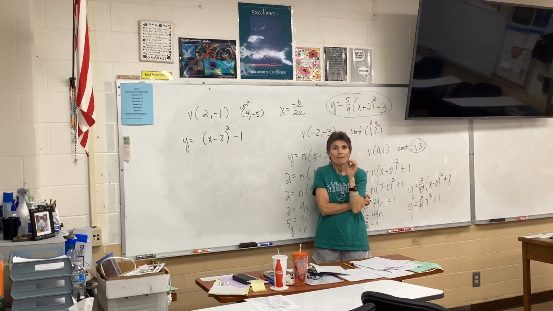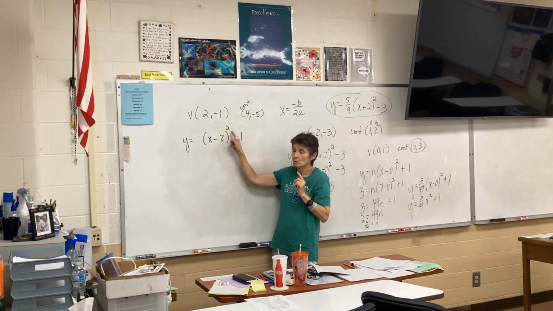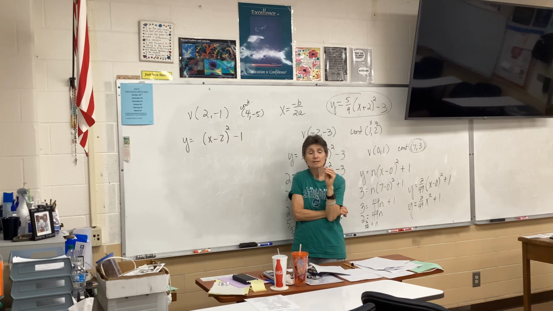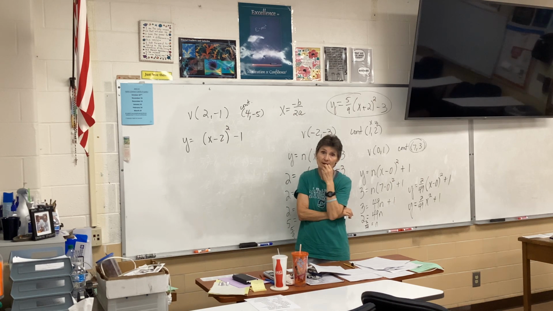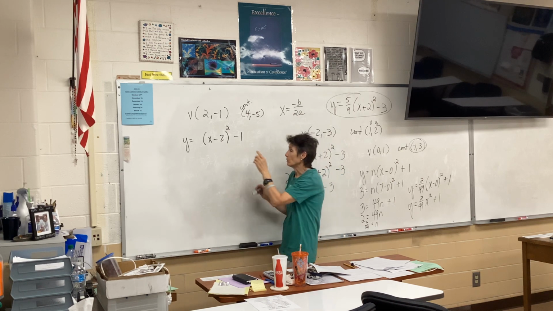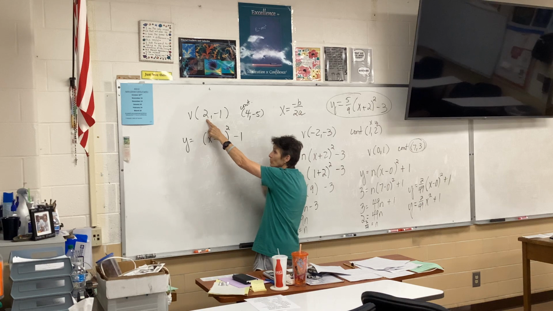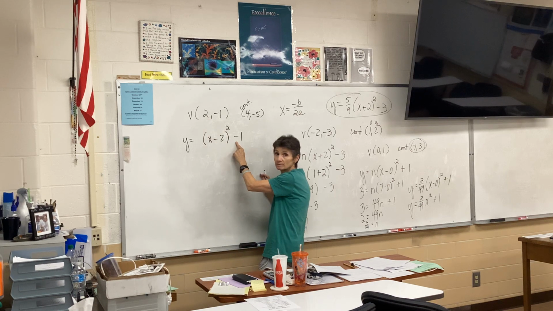One thing that does happen sometimes is we forget about that squared. Remember, we're writing the equations of parabolas, and parabolas are squared, x squared. You gotta have a squared in there. So this tells me I'm going 2 right and down 1. So that would be the vertex.